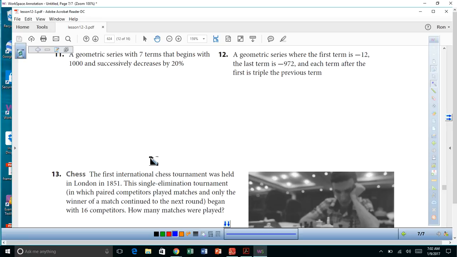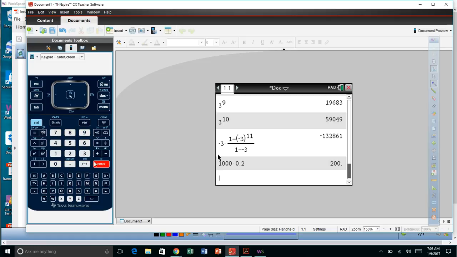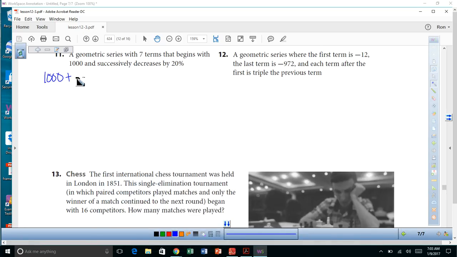So we've got 1,000, right? All right. A geometric beginning. Plus, and then let's see, 1,000 times 0.2, that's 200. So 1,000 minus 200 is going to be 800.